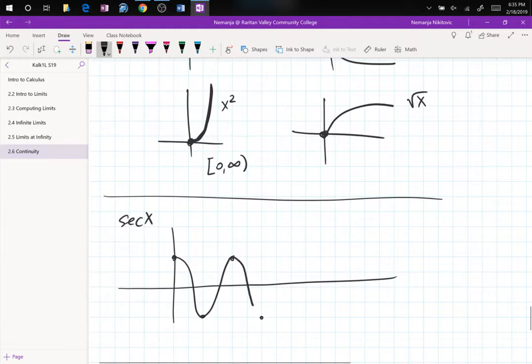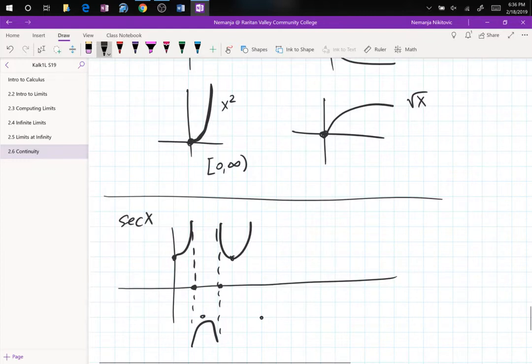Snake it through, and any time the cosine hits 0, you draw a vertical asymptote, and just take these cups and invert them out. That's all it is. And just get rid of the cosine. What's left is your secant graph. That's the way to draw secant, cosecant, cotangent, all of them. Just flip it out.